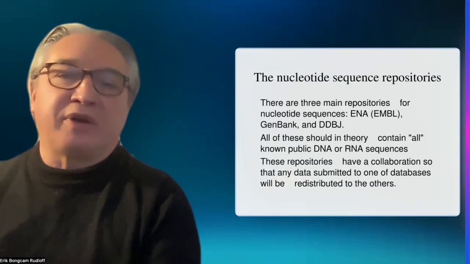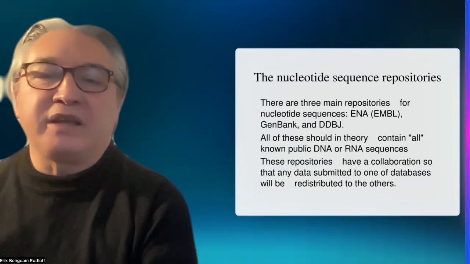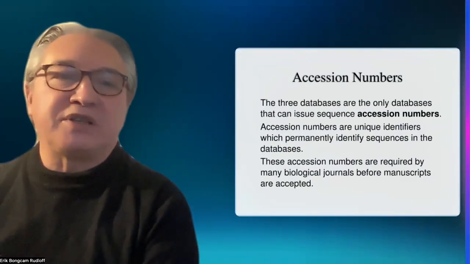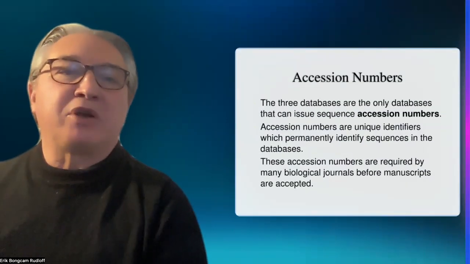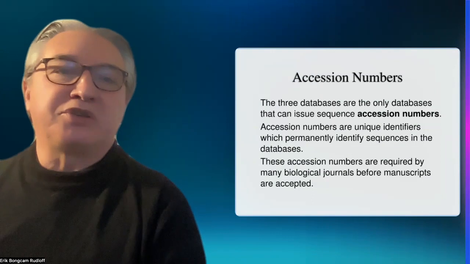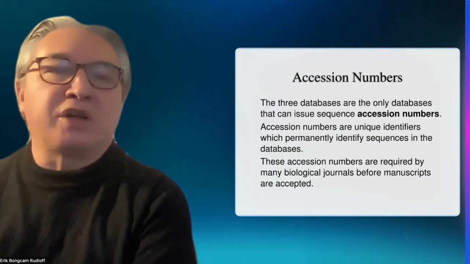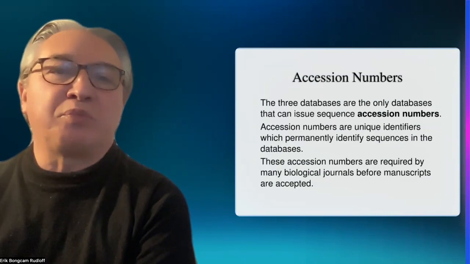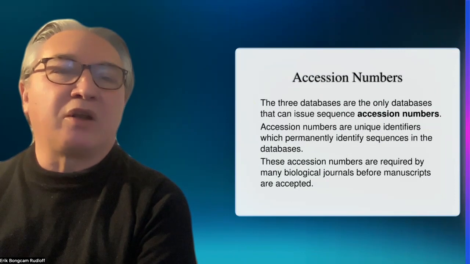But in any case, when you have DNA sequences, you need to know about the existence of these three places, because when you want to publish, the journals will ask you for the accession number of your sequences. Otherwise, they will not allow you to publish because it's a law.